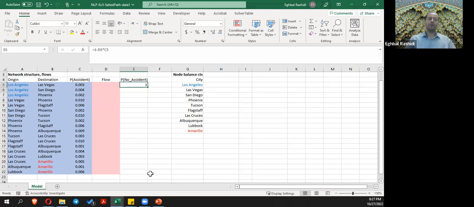So because it's not selected, the probability of having an accident is 0. This is actually the probability of not having an accident is 1. Okay? I'm going to drag this down here, and of course, all of them are going to be 1.